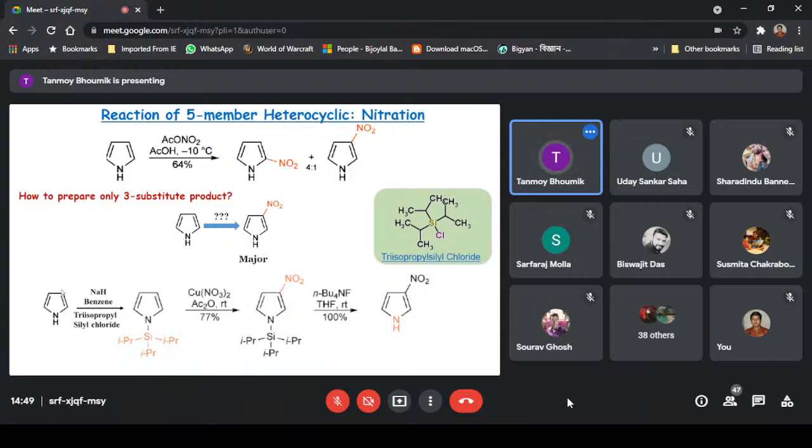So for this beta nitro position, tris isopropyl silyl chloride is a very good reagent for preparation of the beta position, because generally in electrophilic substitution at aromatic heterocycles it always goes to the alpha position, but this one is going to the beta position.